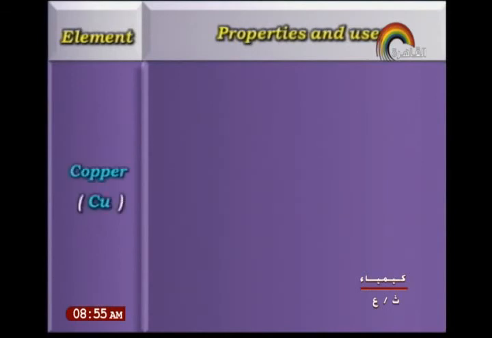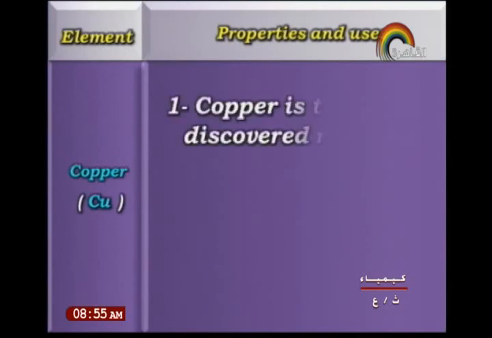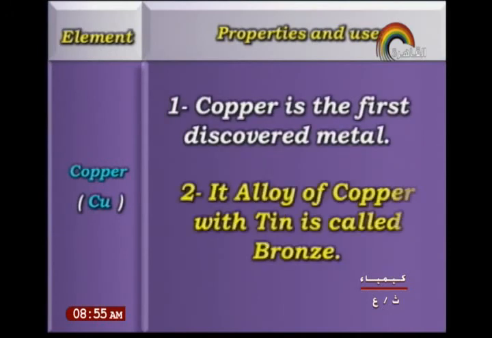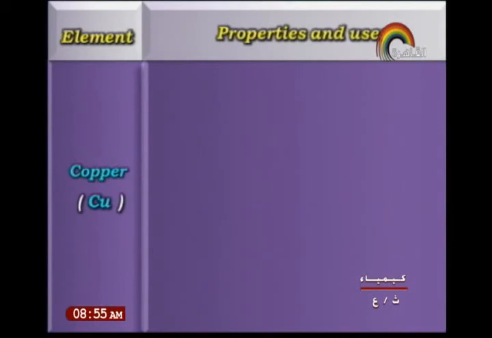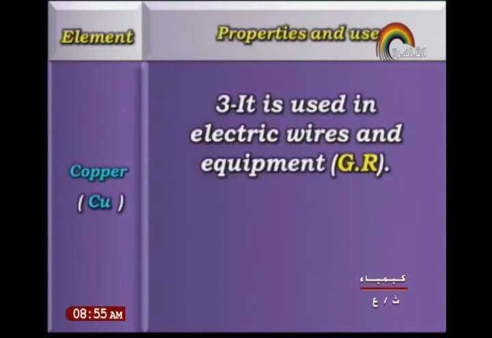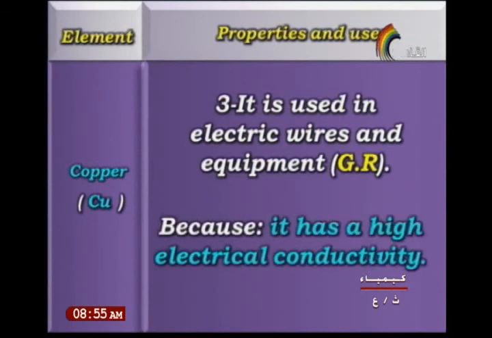Now we are going to discuss copper that has atomic number 29. Copper is the first discovered metal, and its alloy with tin is called bronze. And it is used in the electric wires and equipment. The reason for that is because it has high electric conductivity.